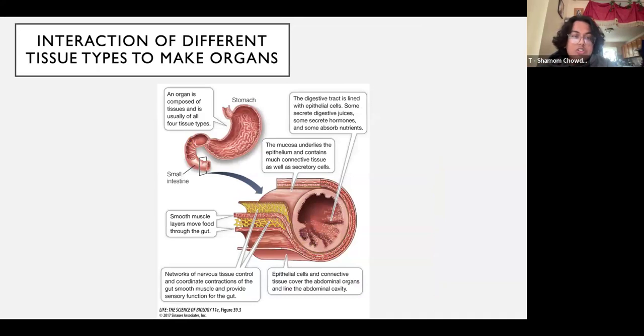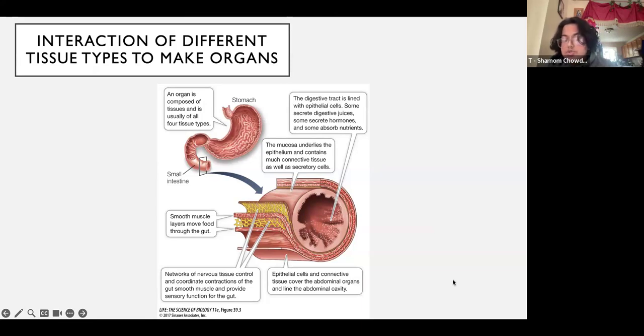Your organ system, as we described, starts from an atom and works its way up to an organ system, and currently what humans are as well. Different types of tissues have to interact with one another in order to make organs, and they usually consist of all four tissue types. For example, in the stomach, you have muscle tissue to move food through the gut. You have epithelial tissue, which helps cover the organs and line the cavity, and also produces mucus.